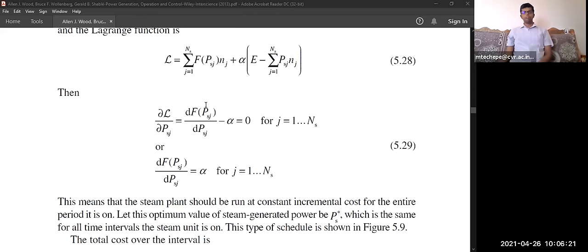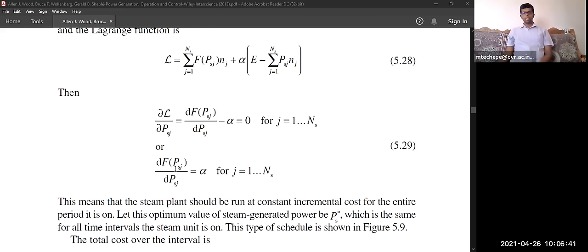So df of PSj divided by dPSj minus alpha is equal to 0, where j is 1 to ns. N is the number of hours, the period of time for the steam power generating unit.